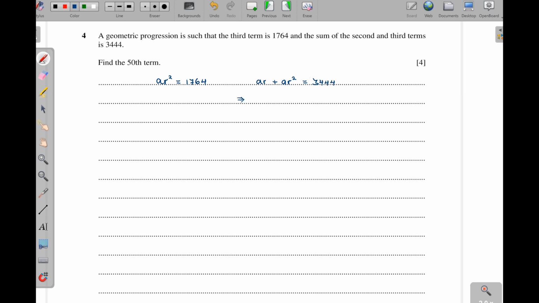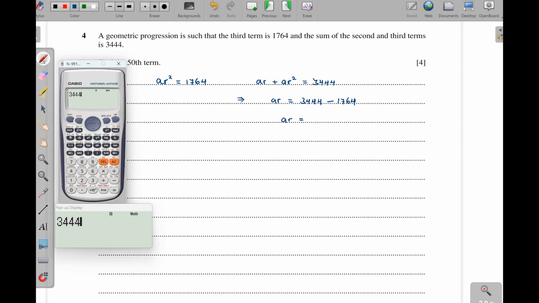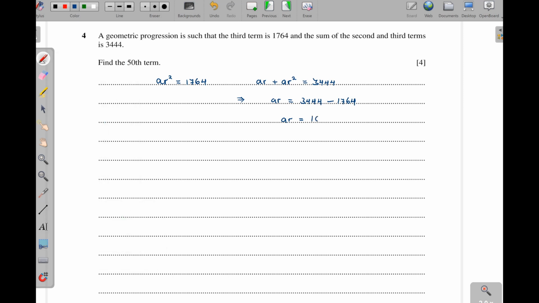So don't you think the second term here is equal to 3444, then minus this third term which is given here, so that is 1764. What does this one give us? 3444, then minus 1764, that is 1680.